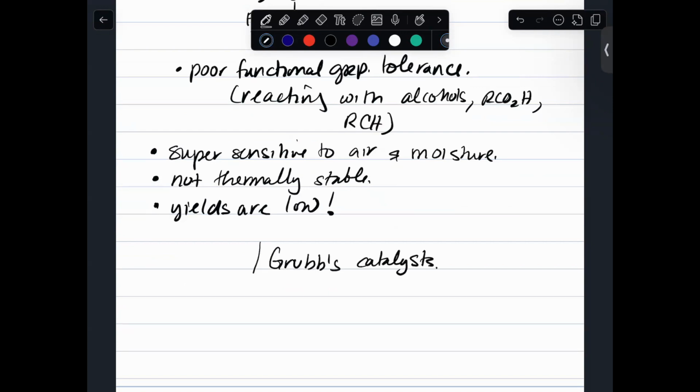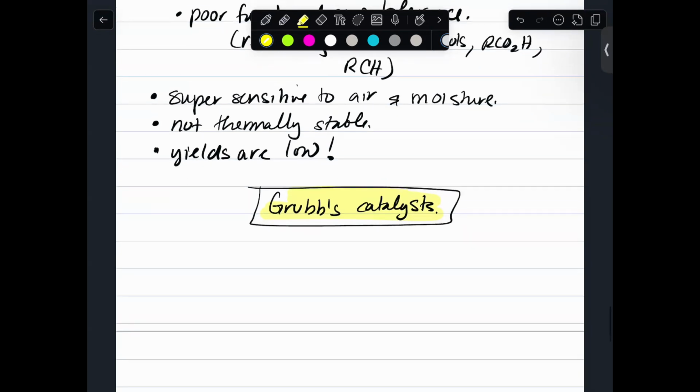And Grubbs developed a few catalysts. Now, I'm just going to introduce one catalyst. There are a number of Grubbs catalysts, and they're all commercially available, which is great. We're just going to leave it at one catalyst.